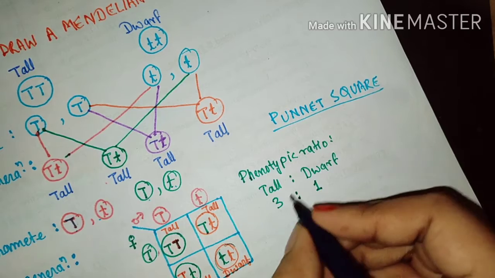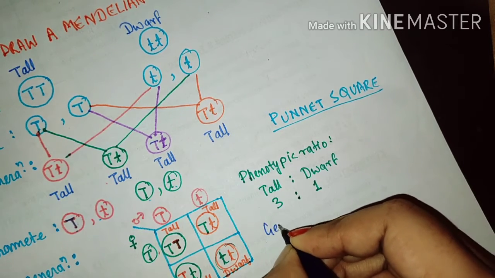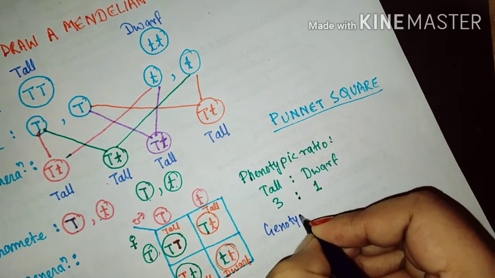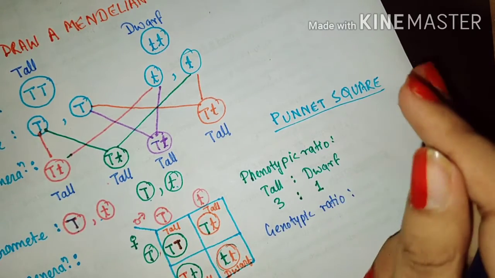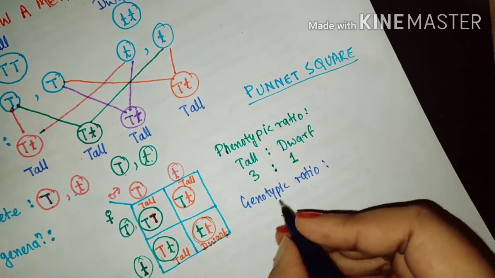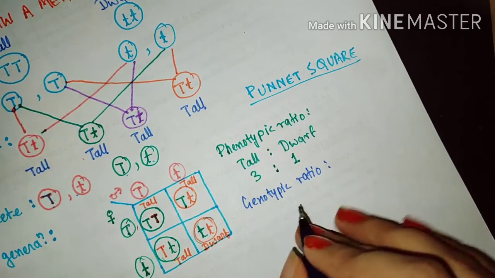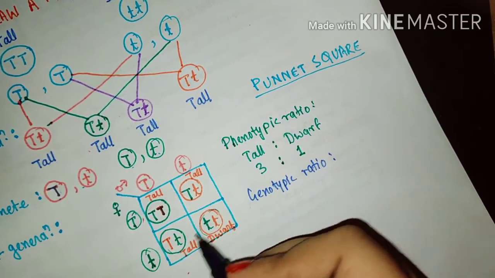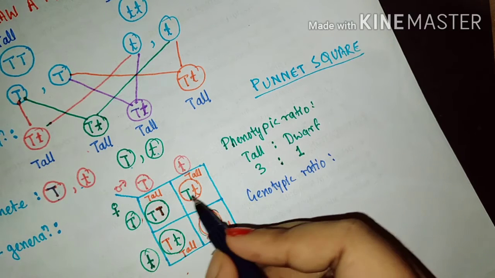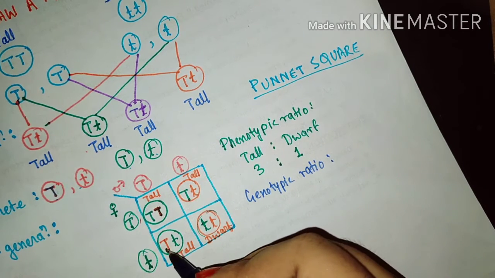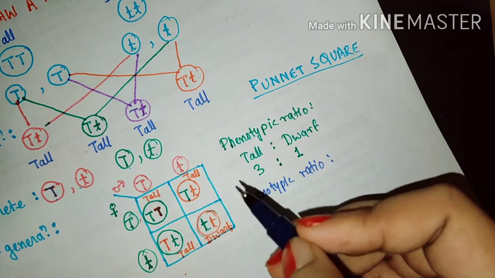After the phenotypic ratio, you have to know the genotypic ratio in case of monohybrid cross. So genotype, what all types of genes can you see here? Capital T, one gene. Capital T small t, second type of gene.